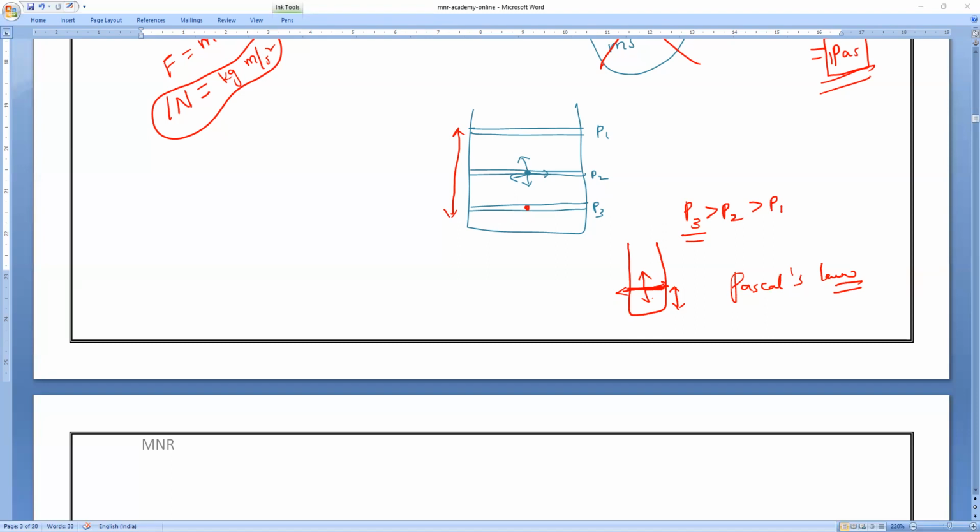Liquid pressure, manometer. Liquid pressure is measured by a manometer. Then tomorrow I will teach you a new concept called Boyle's law, and then Pascal's law. Pressure is undiminished in all the directions, that is what we call Pascal's law. So Pascal's law and Boyle's law, we will discuss.